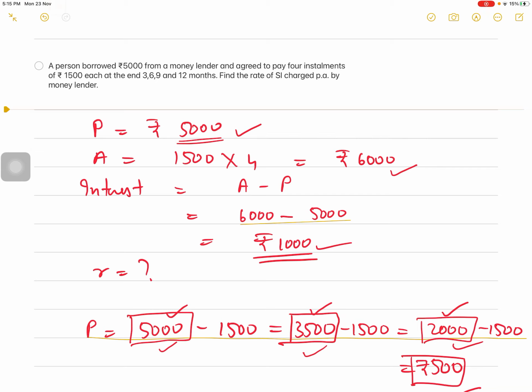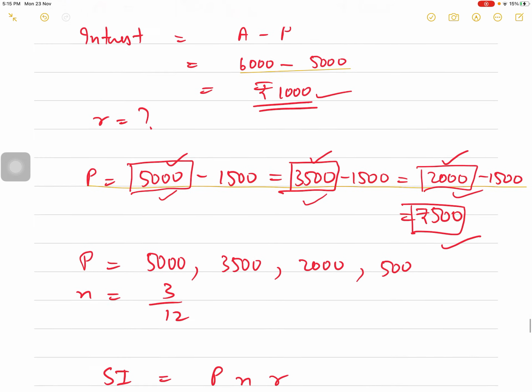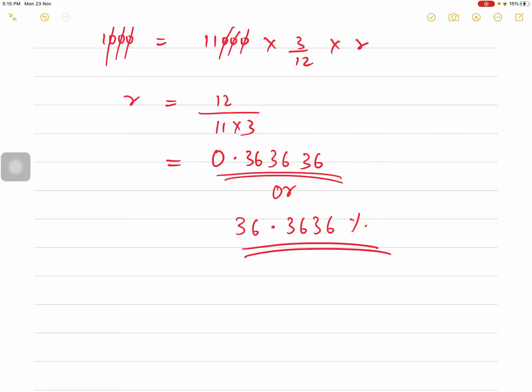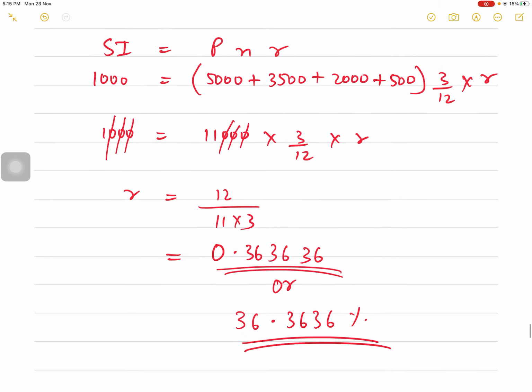I think this kind of sum had come last year in the exam for 4 marks. Similar sum. Okay. Now let's solve the next problem.